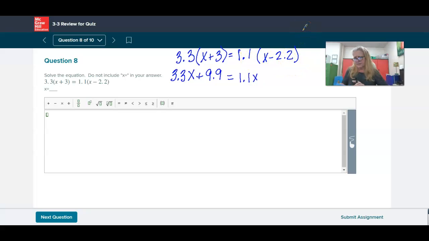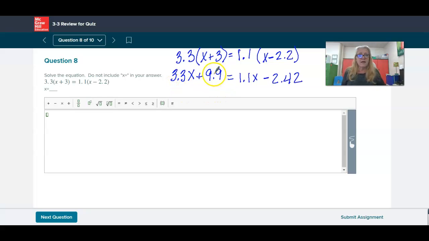I wonder how that's going to turn out. And this was a minus sign here, so this was a negative 2.2. So this is going to be a negative 2.42. That is not how I thought that was going to go. I was thinking 1 times any number is itself, but I guess 1.1 is not the same as 1.